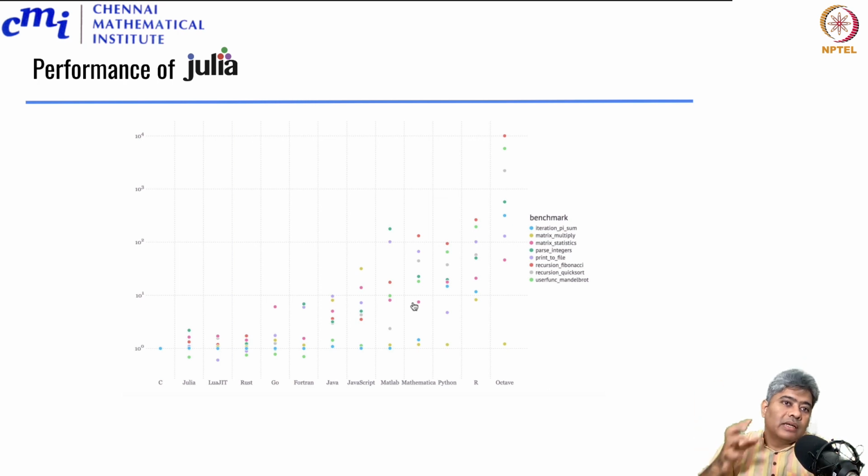So that's a beautiful feature that Julia is proposing: on average, our data science projects implemented in Julia are 5 times faster than R or Python, or even 10 times faster than R or Python.